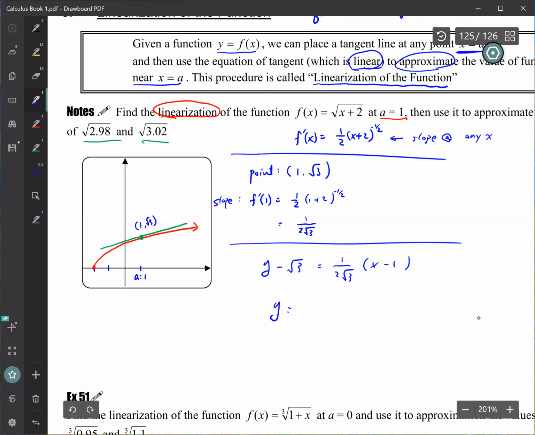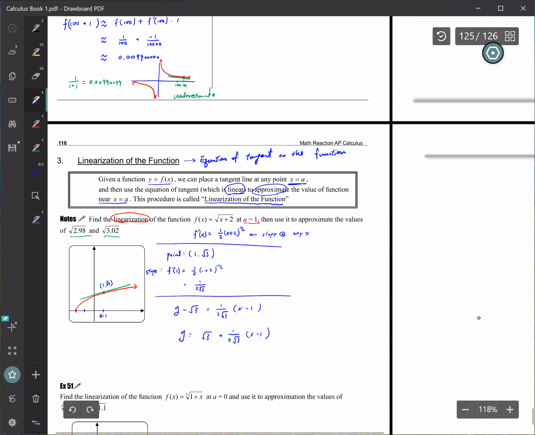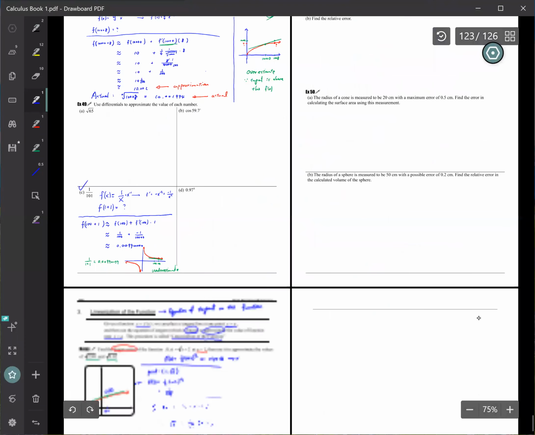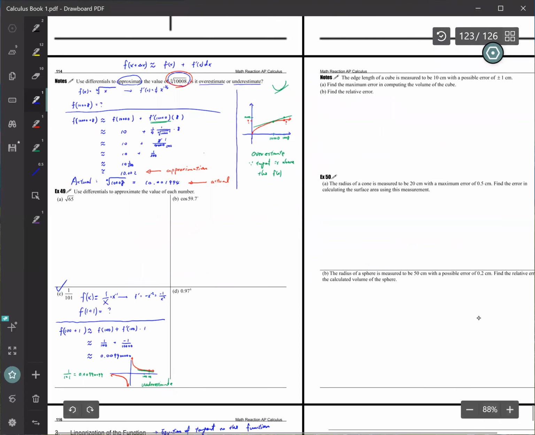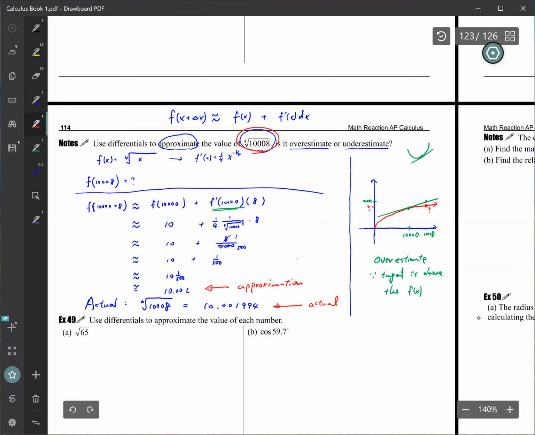Isolate the y and then I put root 3 plus 1 over 2 root 3 times x minus 1. Before we move on, let's take a look at this equation. Does this look like something above? Does it look something similar to this?